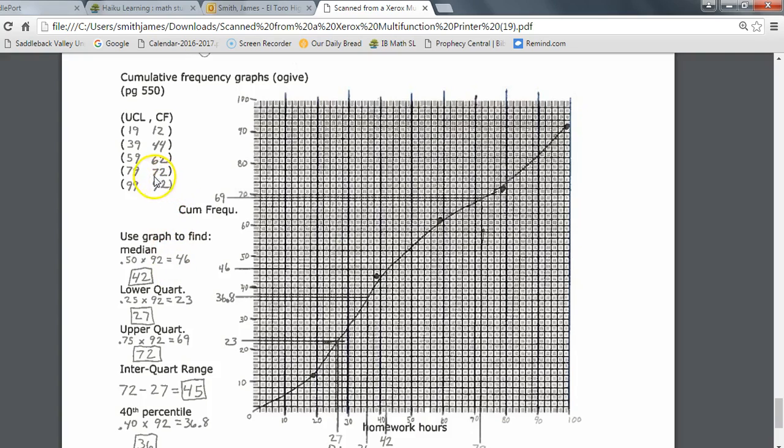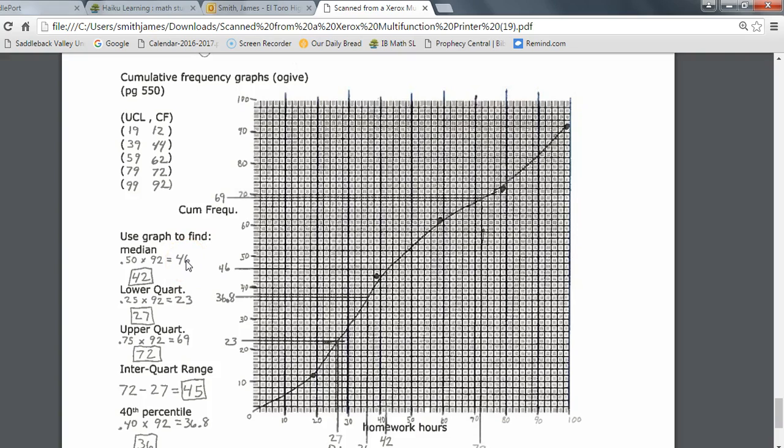Mathematically, this is going to be based on the y values. We're starting on the y-axis, and we're going to trace these over and down to get our answers from the x-axis. The median is the middle, so the 50% mark is the median. 50% of 92 means we are looking at the 46th term.